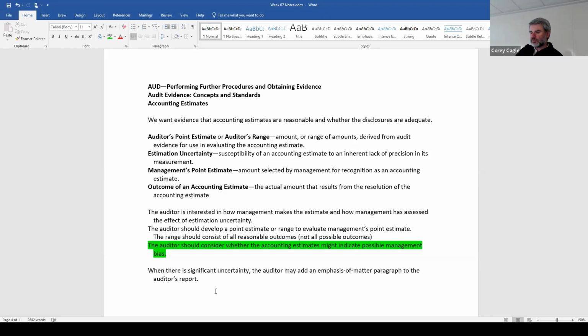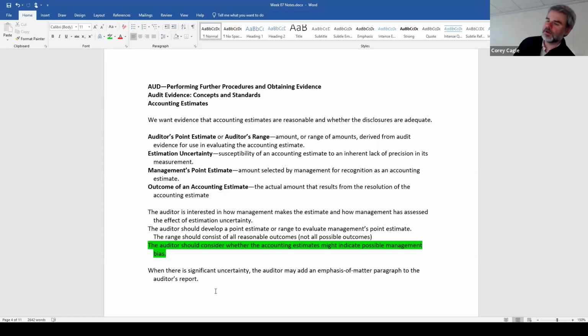These terms are easy. They're just overly fancy words for a very easy concept. Auditor's point estimate, management's point estimate. That's just their estimate. I don't know why they have to be all fancy and call it the point estimate.